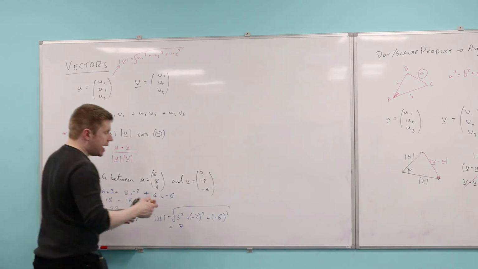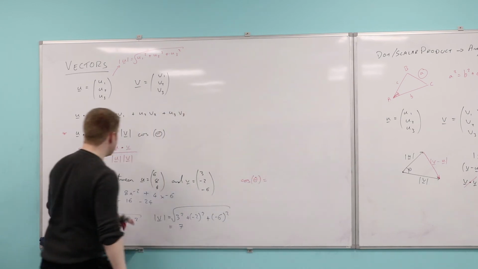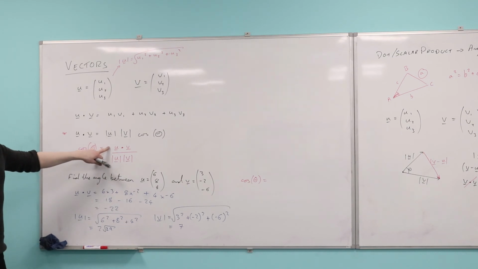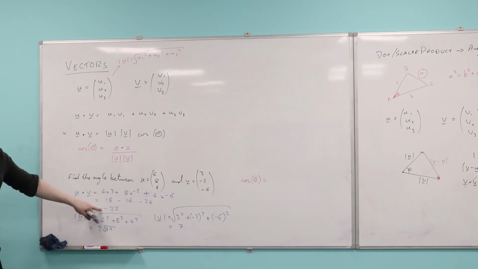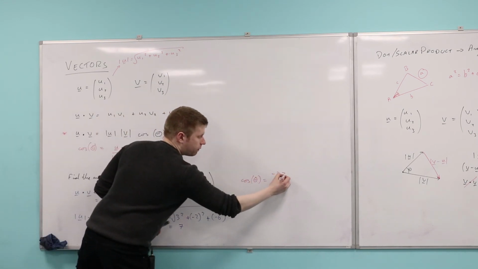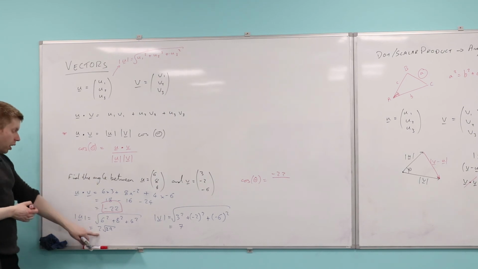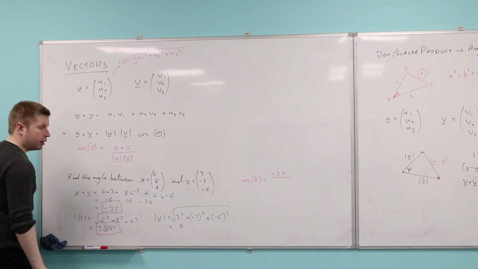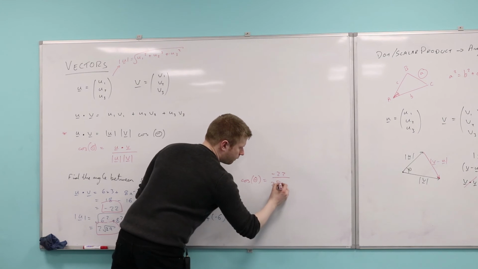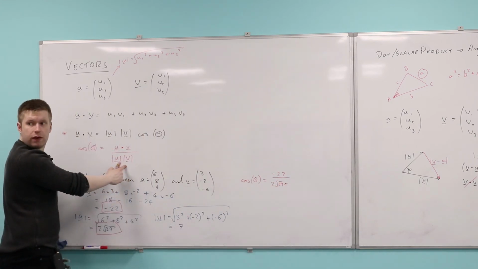So I'm literally saying that the cosine of theta should be equal to the dot product of the two vectors. I've got that. It's negative 22. Divided by the modulus of u, the length of u, I've got that. It's 2 root 29. Times by the modulus of v, the length of v.